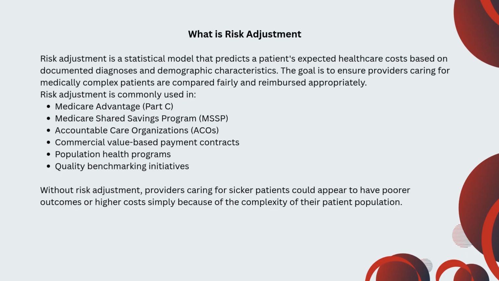The goal is to ensure providers caring for medically complex patients are compared fairly and reimbursed appropriately. Risk adjustment is commonly used in Medicare Advantage Part C, Medicare Shared Savings Program (MSSP), Accountable Care Organizations (ACOs), commercial value-based payment contracts, population health programs, and quality benchmarking initiatives.